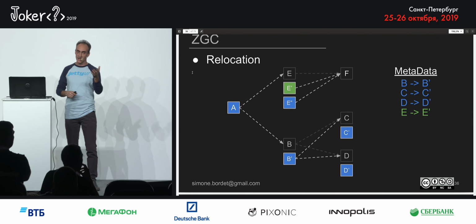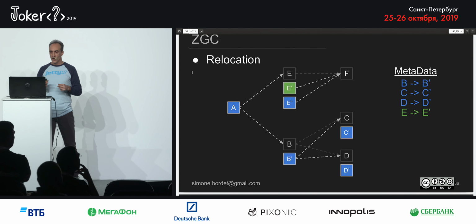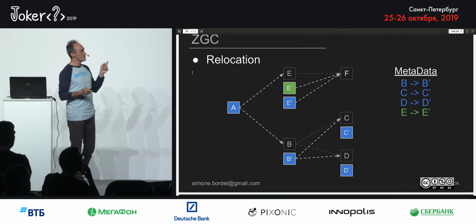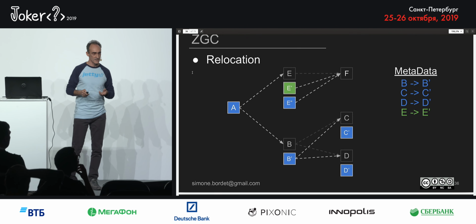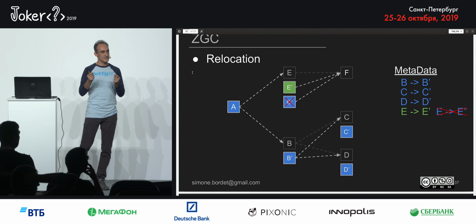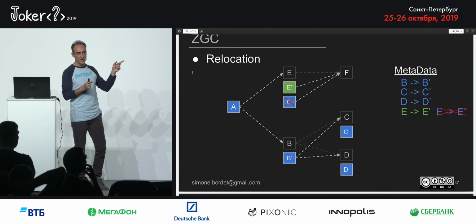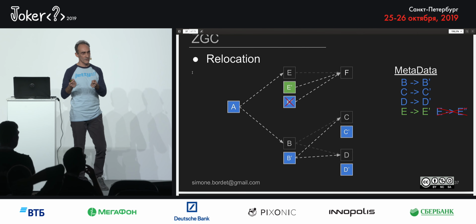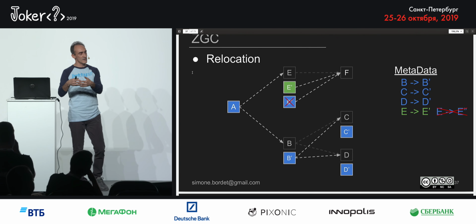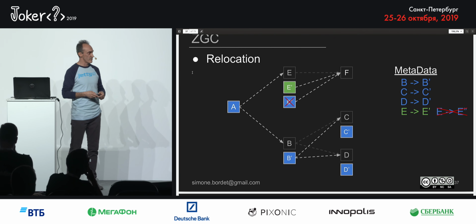And so it creates a second copy of the object, E2, here, and tries to insert that information into the concurrent map of the metadata. But it cannot do that because it finds out that for the key, the address of E, there's already an entry. Okay, so that's a concurrent put into a concurrent hash map, and therefore one of the two will win and the other one will fail.